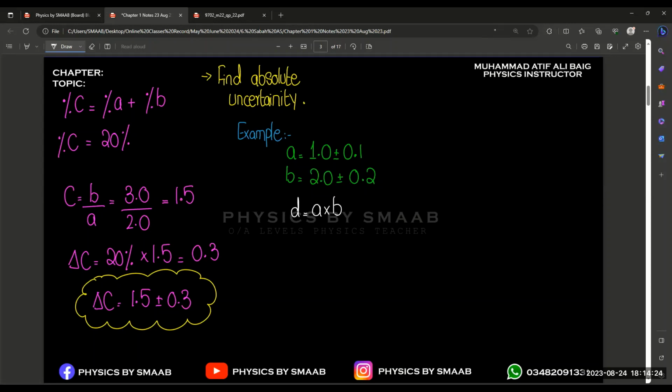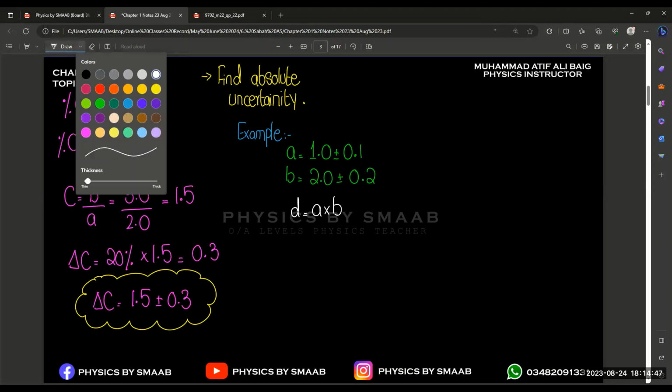Again, we know that we are not going to multiply the errors. Actual values can be multiplied, like 2 multiplied by 1, because those are simple numbers. But after plus minus, we have their uncertainty values, like their errors. So we are not going to multiply those errors, right?